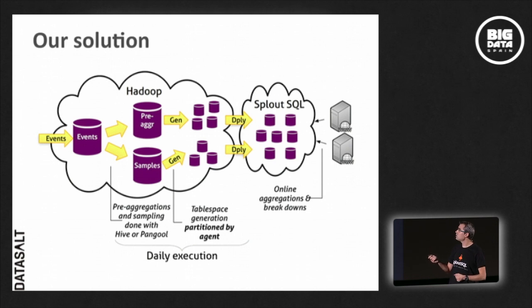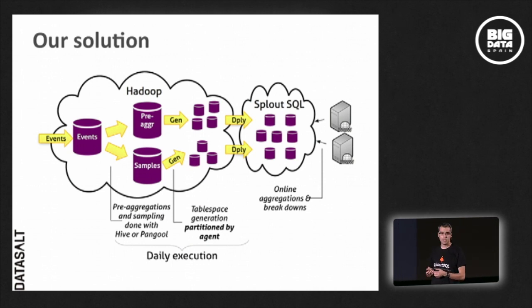And we also do some sampling here. We do sampling per each individual agent, and we store the samples here. Once we have that, we run a generation process that creates the structures that we will need to serve data in Splout SQL.